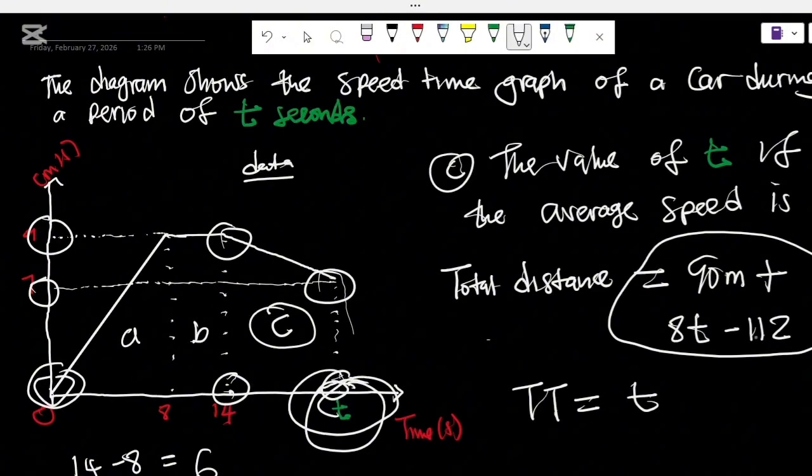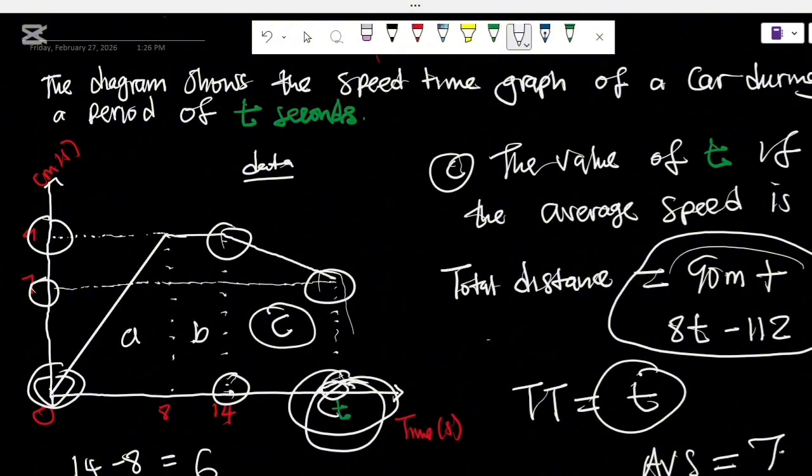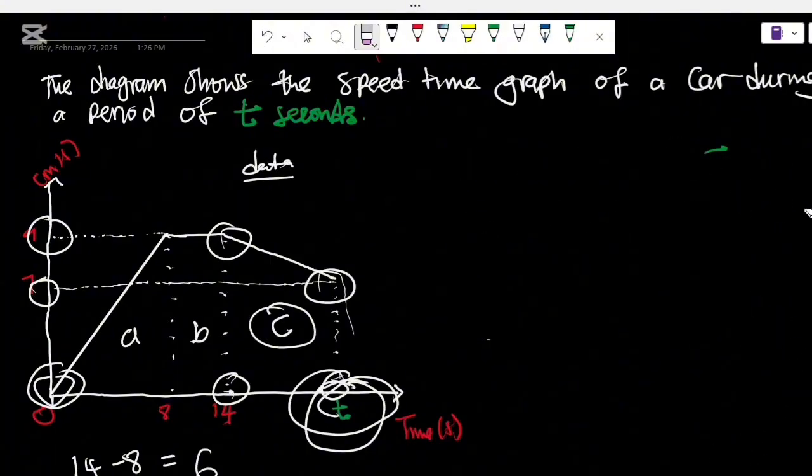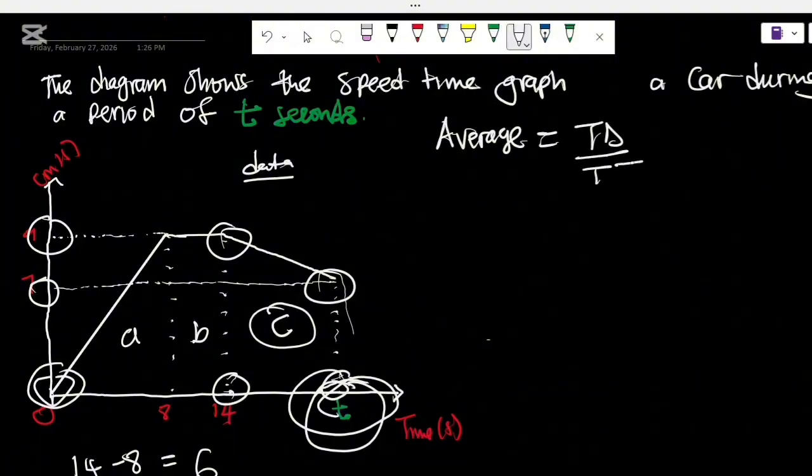We have the total distance here, and we have the total time, and we also have the average speed, which is 7 meters per second. So we have everything that we need to calculate the value of time. So let's go ahead and deal with this particular problem. So the average speed is going to be equal to total distance over total time.